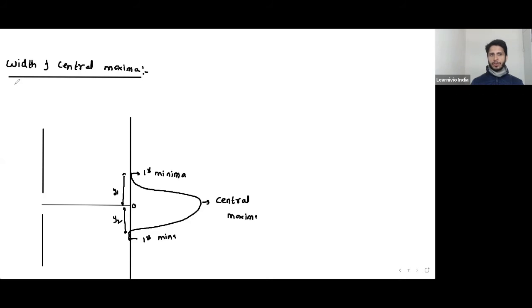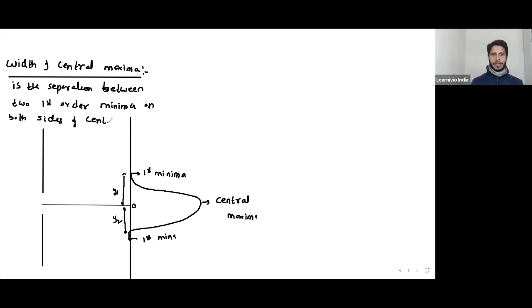So I can say that the width of central maxima is the separation between two first order minima on both sides of central maximum.